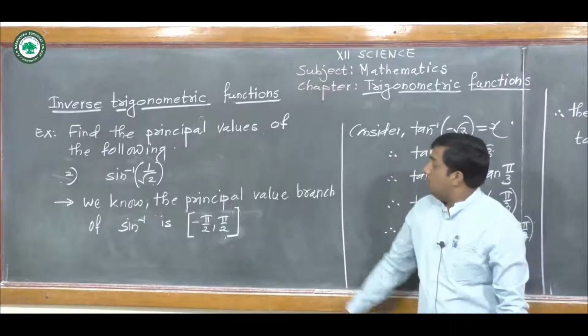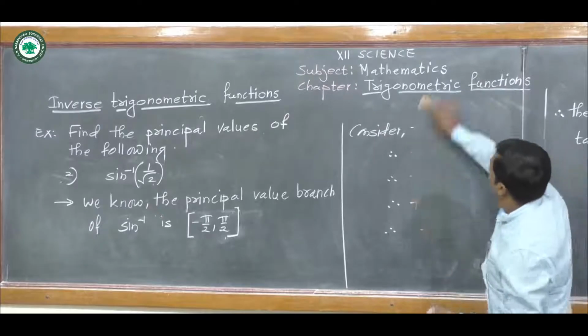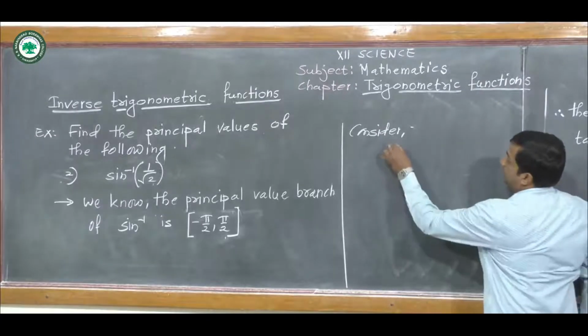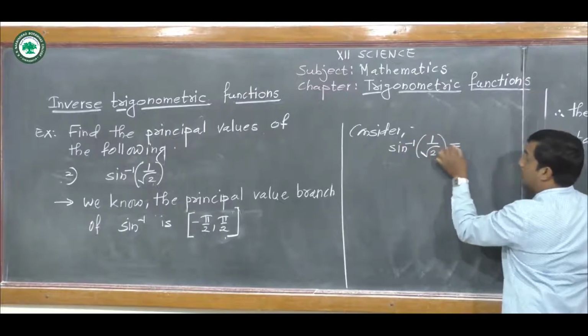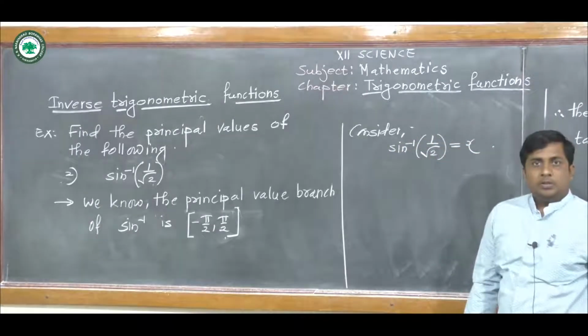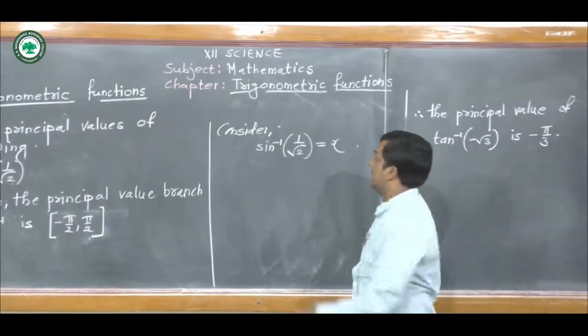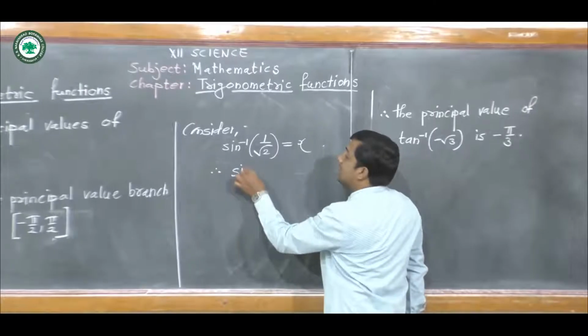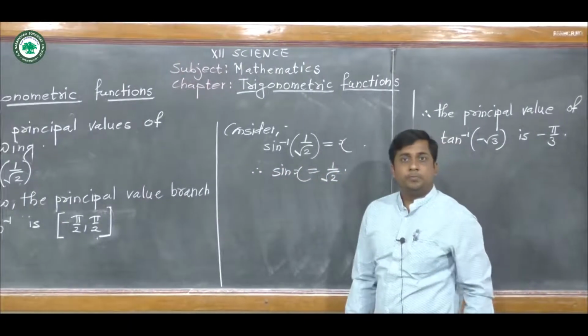Now we consider our given function. Consider sine inverse of 1 upon root 2 is equal to x. By using our definition of inverse trigonometric function, I write sine x is equal to 1 upon root 2.